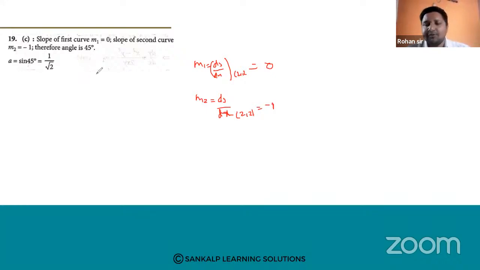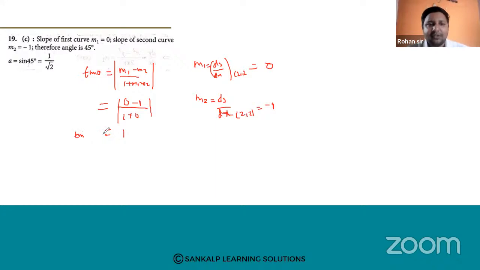You can make use of this formula: tan theta is equal to m1 minus m2 divided by 1 plus m1 m2. If you simplify, m1 is equal to 0 and m2 is minus 1, so we will get 1 and this will be 0. We need to take the mod value, so it will be equal to 1.